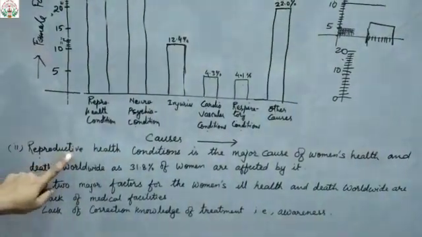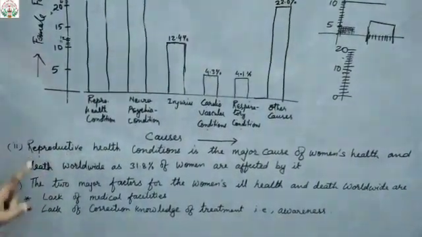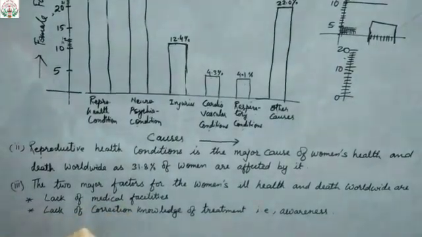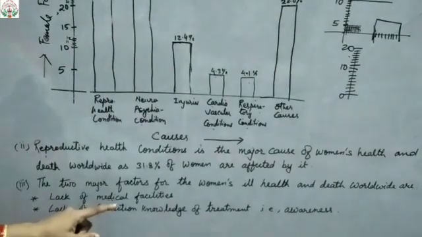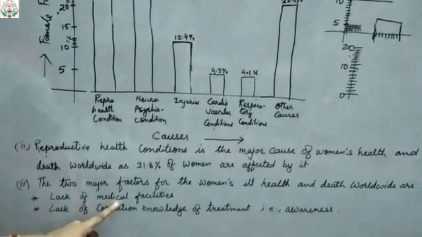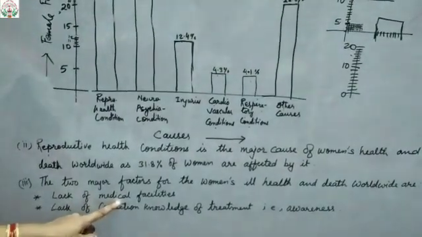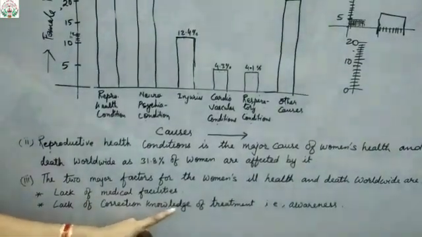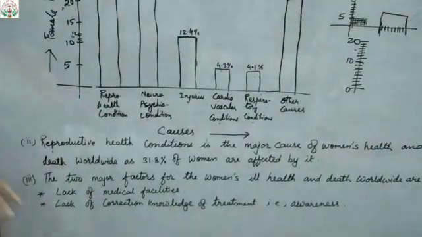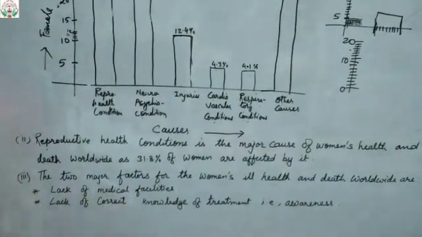So why is this happening? Because of lack of medical facilities. During the time the mother gives birth to a new baby, if there is a lack of medical facility, then death may occur. Or lack of correct knowledge of treatment.